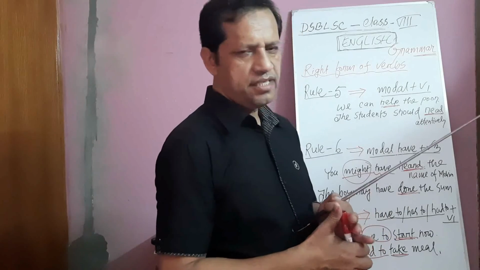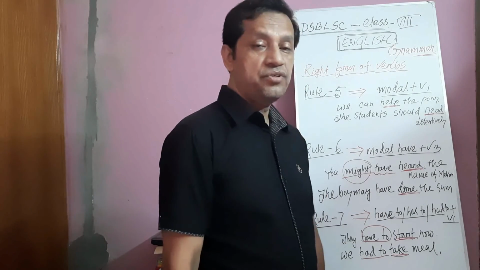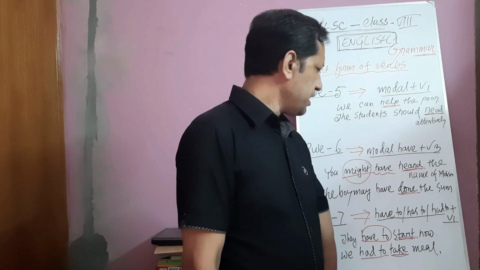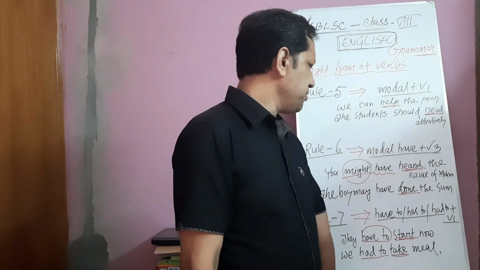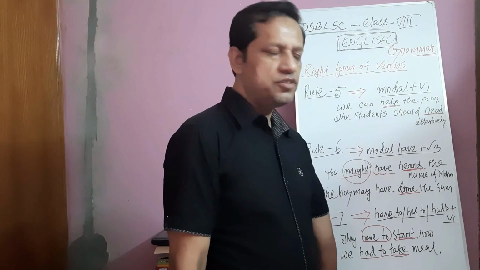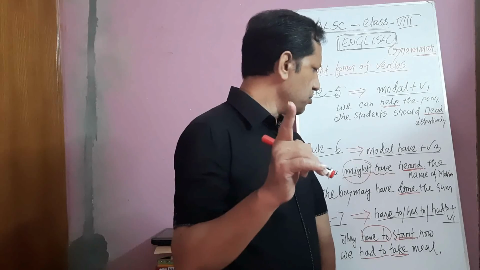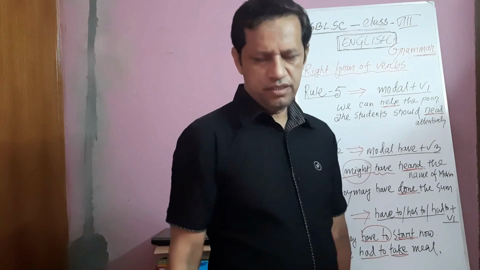So I think it has been very easy to understand that have to, has to or had to may also be used as modal verbs, and after this type of modal verbs, we will have to use the V1 form of verbs or the present form of verbs.